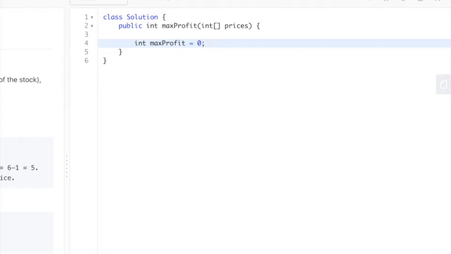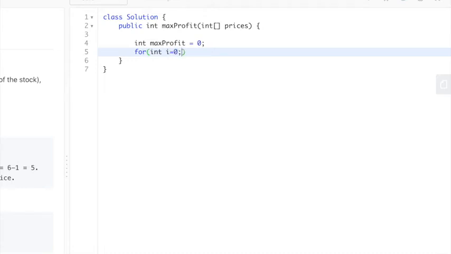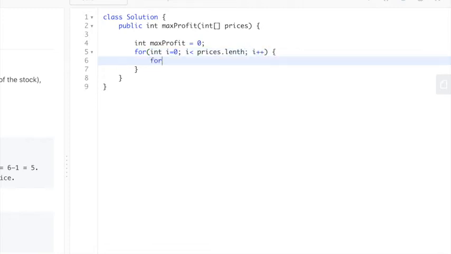So now we can write two for loops and iterate over the array multiple times. So for i equals 0, i less than prices.length, i++. In the inner loop, we can start at the next position. So we can write for int j equal to i + 1, j less than prices.length, j++.